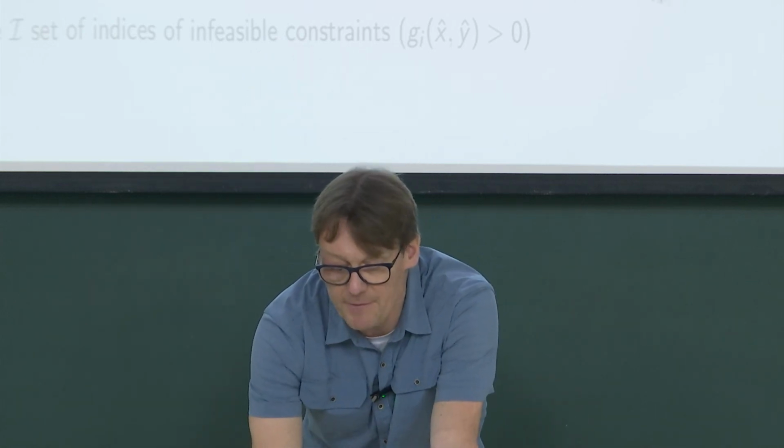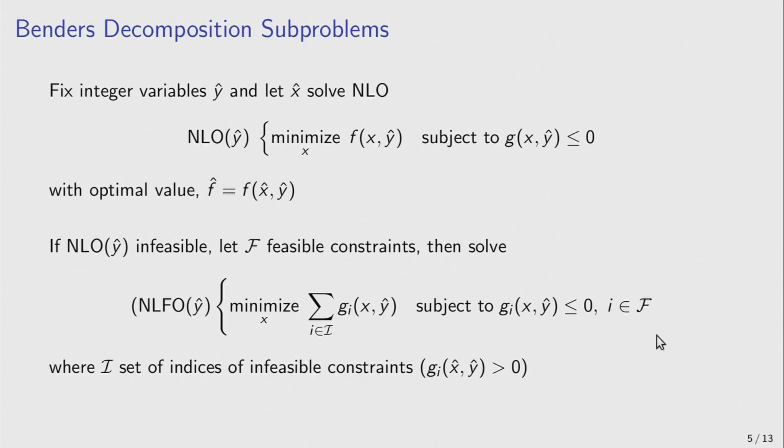And what we do is we keep the feasible constraints as constraints here, and the infeasible constraints, so those are the constraints which are positive at the solution, we just sum them up in the objective function. And we minimize the violation, so the amount by which these constraints are positive. They're supposed to be non-negative, so we minimize the positive part of these constraints.